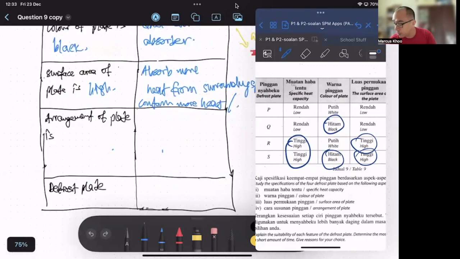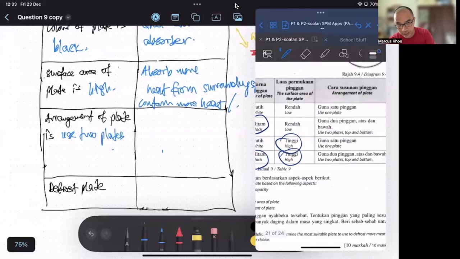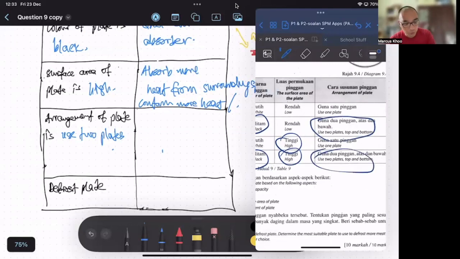Then the arrangement of the plate. You have 2 choices: either use 2 plates, top and bottom, which is my choice, or use 1 plate. So use 2 plates, top and bottom, because the more plates you have, of course you get to store more heat lah.